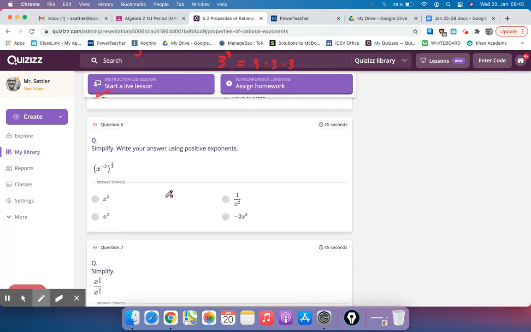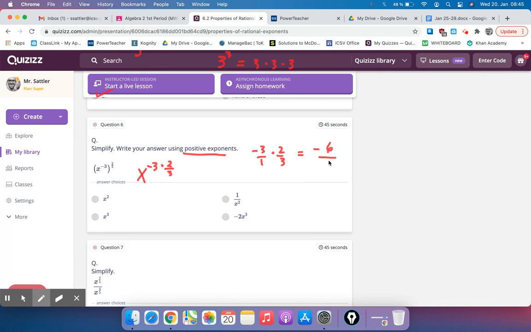Okay, question 6, simplify. Now we've got a negative exponent in there, so I want you to write your answer using positive exponents. So multiply. This becomes x to the -3 times 2/3. Okay, and we can do that over here. -3 over 1 times 2/3. -3 times 2 is -6.